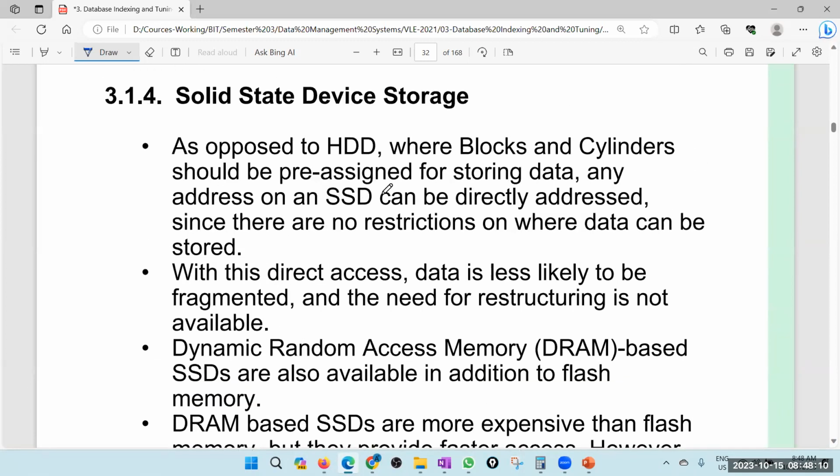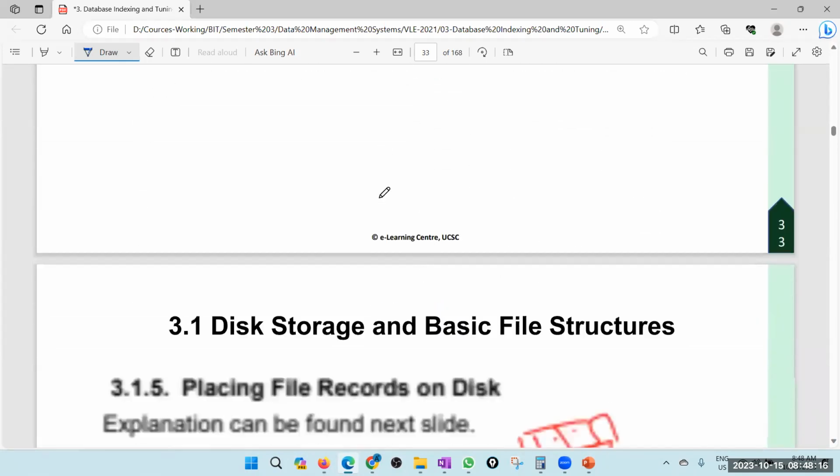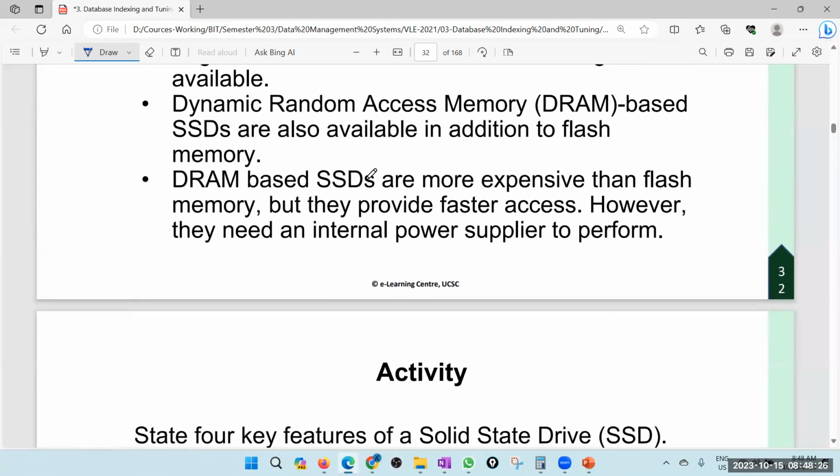The addresses can be directly accessed. Data is less likely to be fragmented because we can access any place and quickly change those locations. And it's more expensive right now.